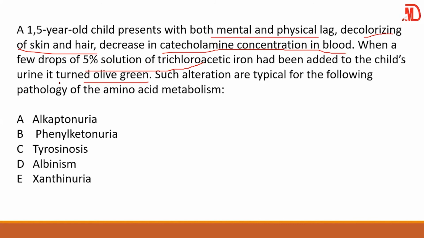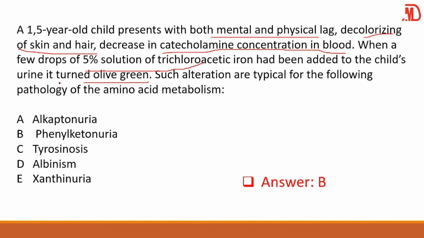And of course, these are also involved in the metabolism of catecholamines. They help in the production of catecholamines. But here's the case, they are being decreased in the blood because they are being excreted. So if they are being excreted, it means a decreased concentration of catecholamines.